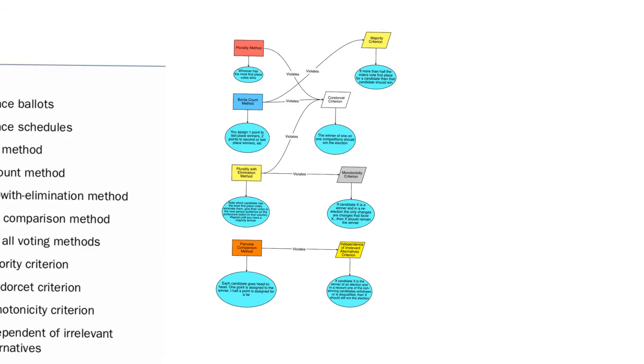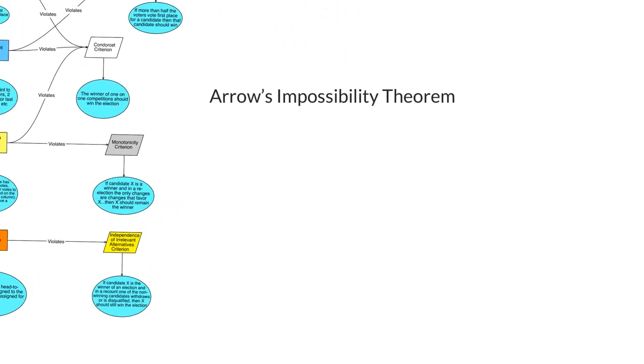Now, there is another concept worth mentioning before I end this video, and that is Arrow's impossibility theorem. I had alluded to this before, but essentially what my student needs to know, and what those of you who are taking the contemporary mathematics test need to know, is that Arrow's impossibility theorem states that it's mathematically impossible for a democratic voting method to satisfy all of the fairness criteria.